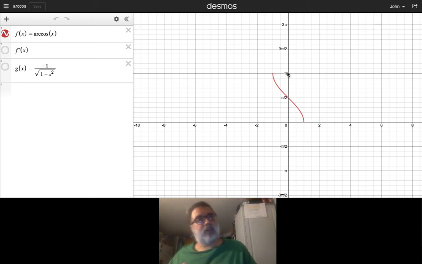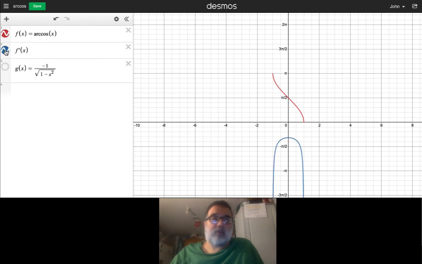For a given cosine value, there's a positive angle and a negative angle that have the same cosine. So we had to make a choice to make arc cosine a function. If we had drawn in the reverse of the whole cosine curve, it's not a function anymore. So to make it a function, we're picking a piece of it. It goes all the way from negative 1 to 1.